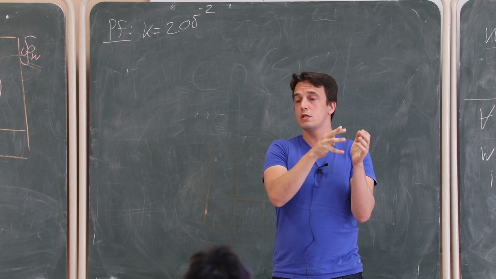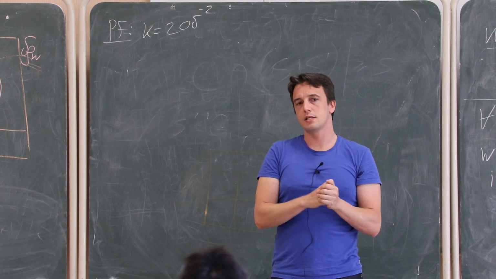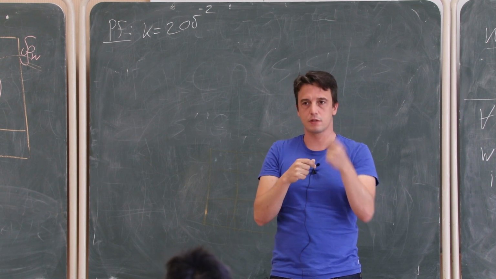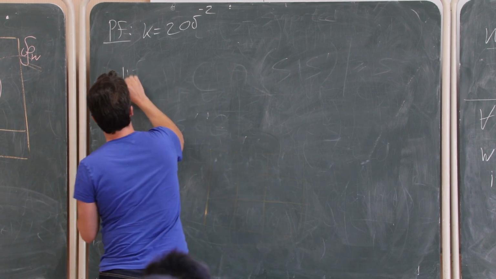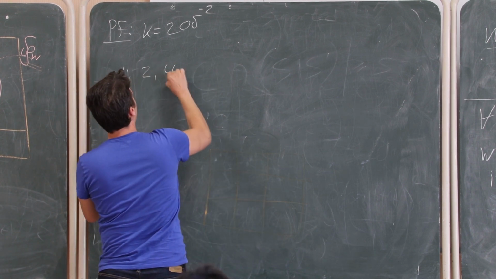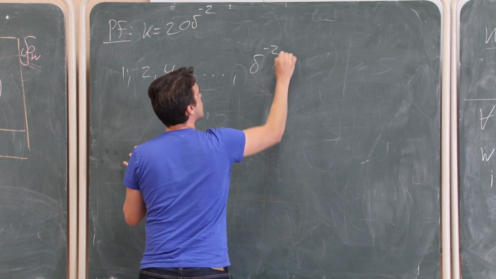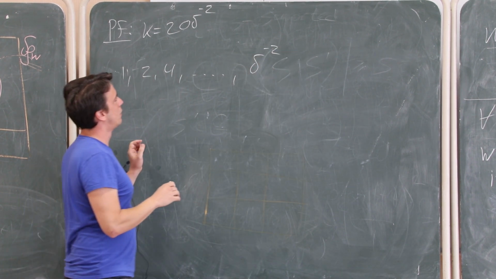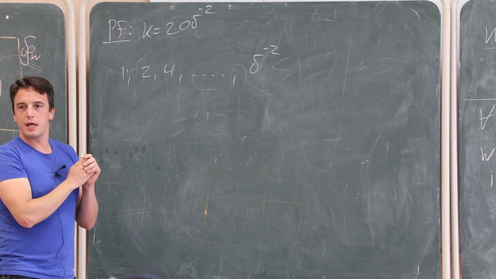And I want to choose one of these scales at random, and this will be the size of my first square tiling, instead of 1. So I have 1, 2, 4, up to delta to the minus 2, so I have here log of 1 over delta scales.